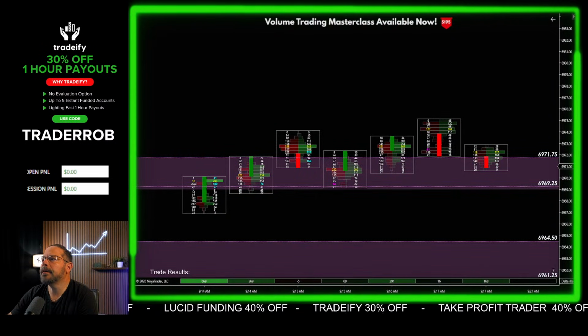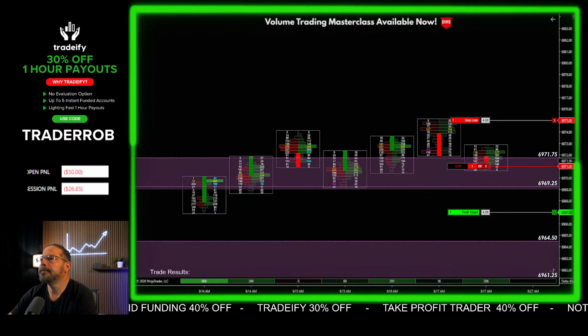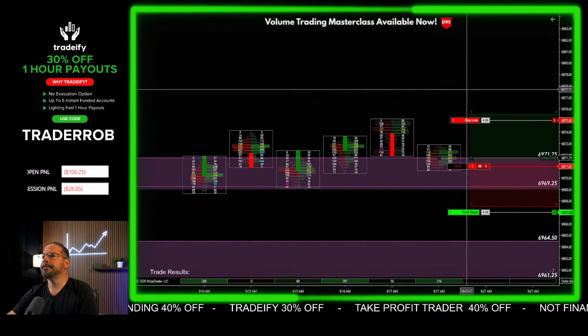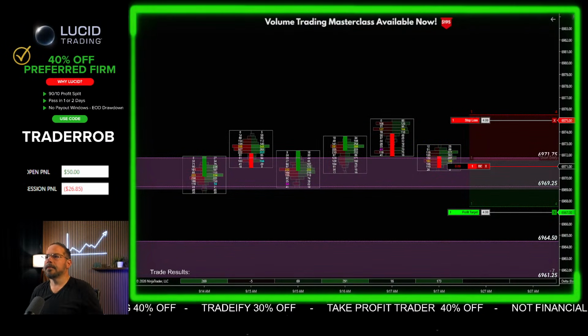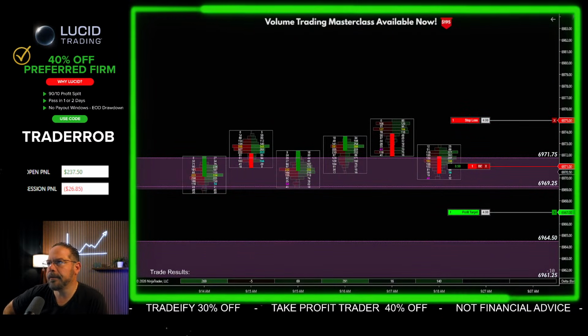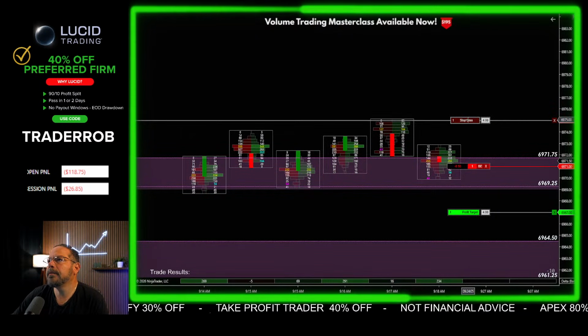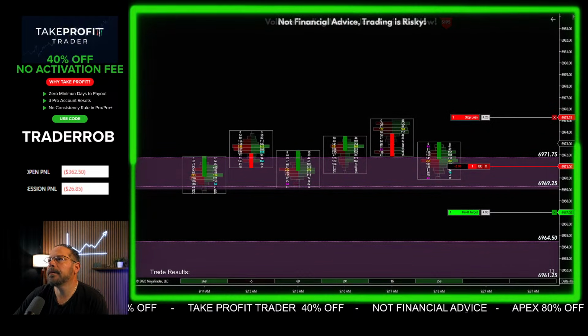All right, I'm going to take a quick stab short here. First sweep of the high with negative footprint with positive delta. My stop, I think, is okay right there.